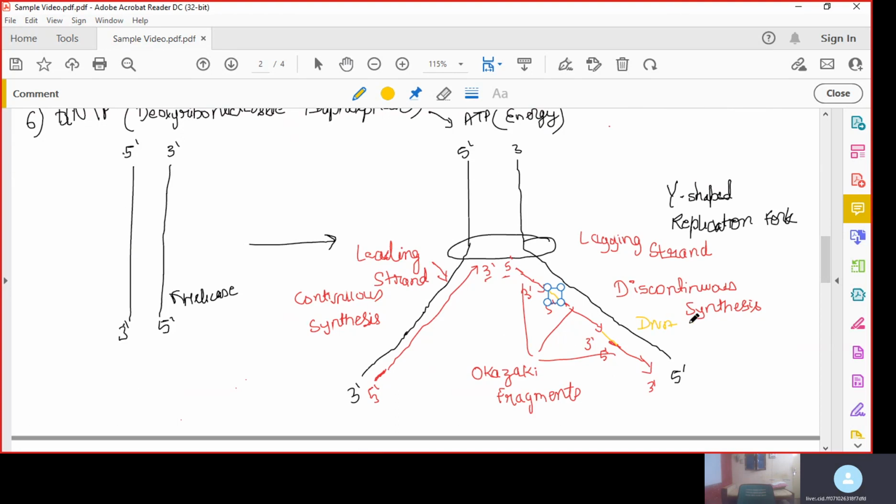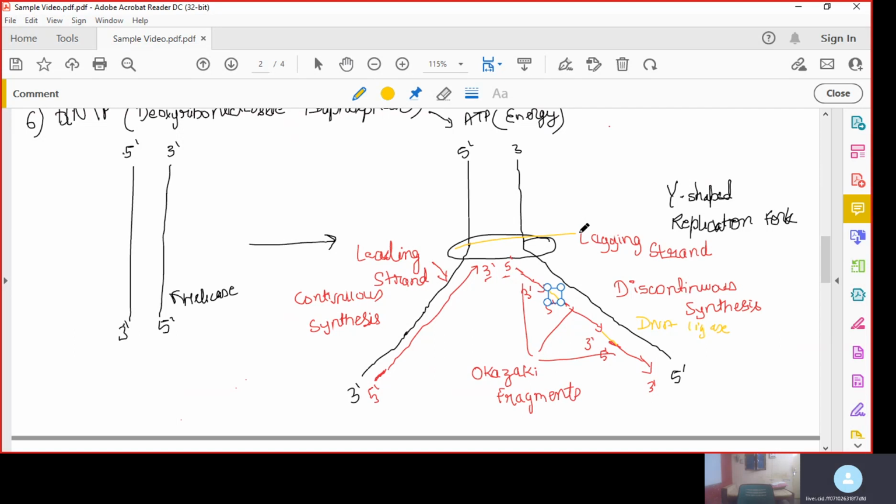DNA ligase ligates these Okazaki fragments, which is why it is known as the molecular glue. The primers are also removed by DNA polymerase. After everything has been ligated and polymerized, topoisomerase comes in, cuts the DNA, and we get a whole duplicated DNA.